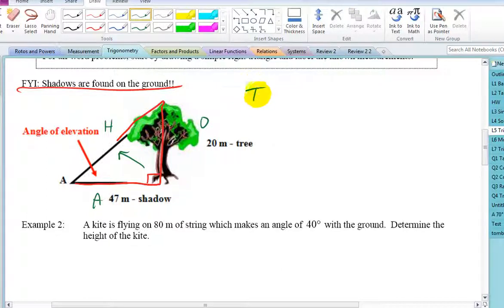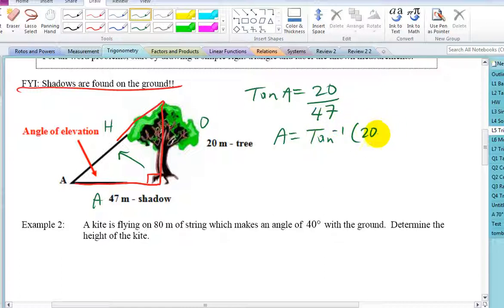Tan. So tan A equals opposite over adjacent, 20 over 47. A equals inverse tan, because we have to move it to the other side. And then the fraction is more or less a division question. Make sure you put brackets around it.